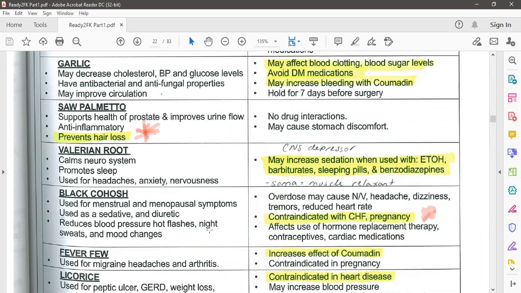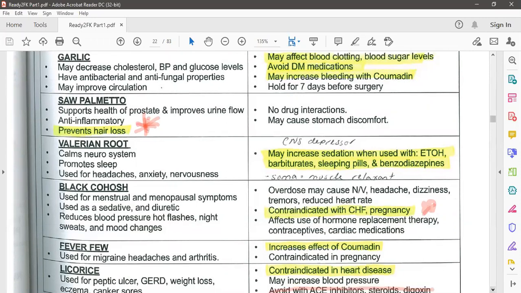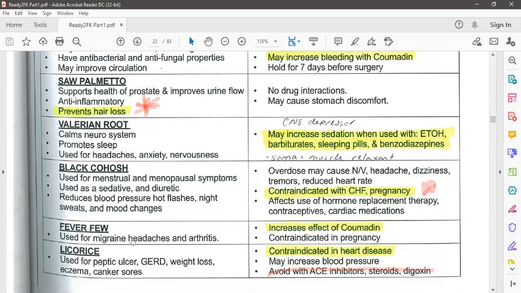What are the contraindications? Black cohosh is contraindicated with congestive heart failure medication, or with pregnancy, right? So let me read it. Overdose may cause nausea, vomiting, headache, dizziness, contraindicated with heart failure medication or pregnancy, and also affects use of hormone replacement therapy.